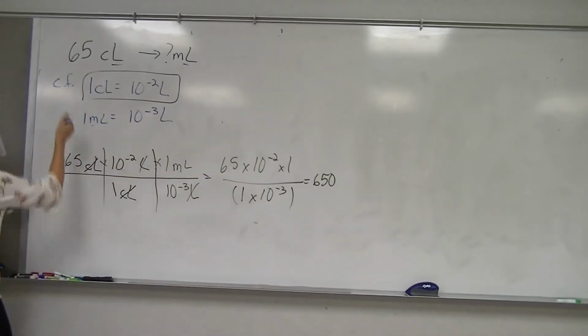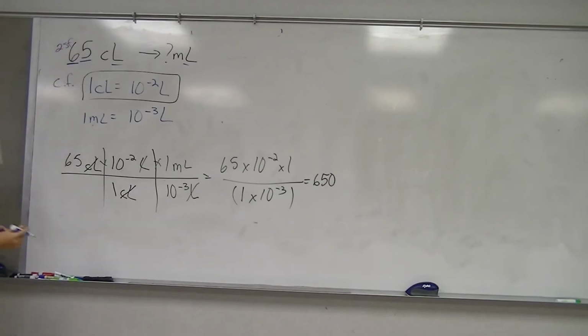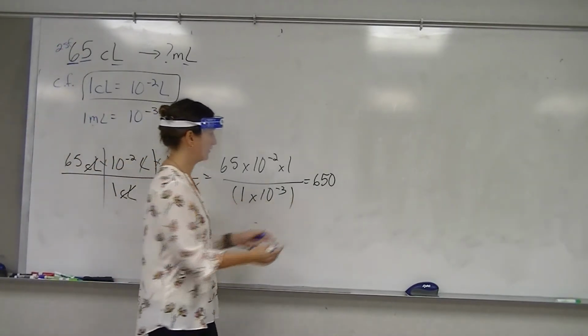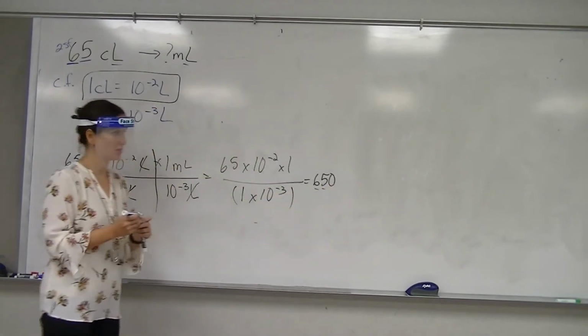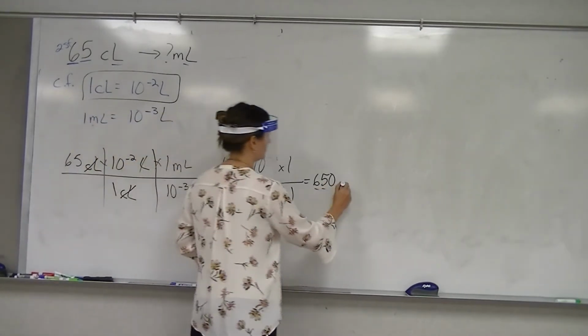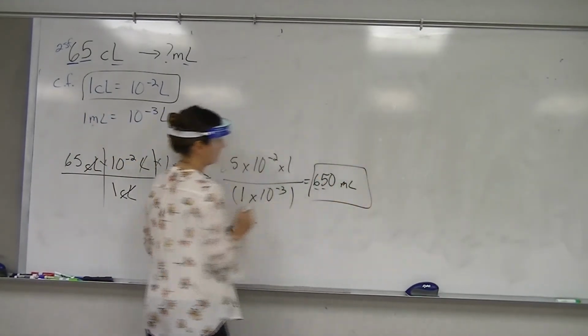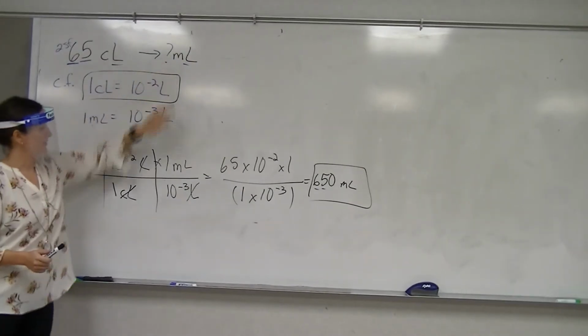So to look at sig figs, we're going up to our original number that they gave us in the problem, 2. And we want to keep 2 here. As long as there's no decimal point there, it is just 2. So now to end it, we just need to make sure we're putting our units. And it's milliliters in this case.